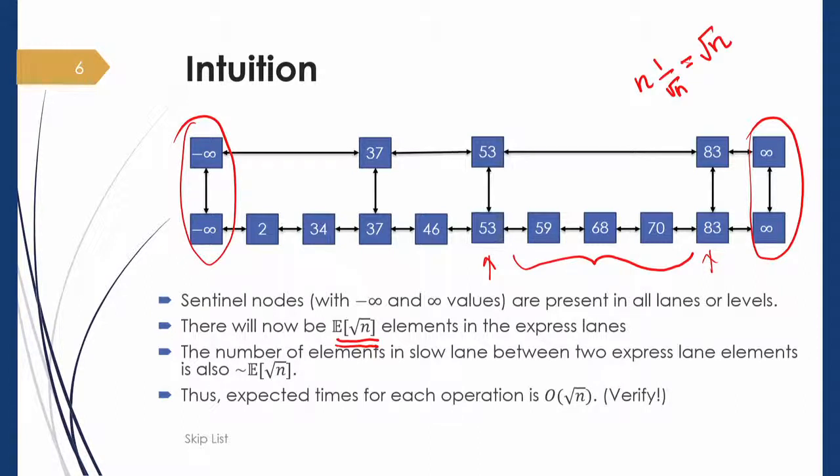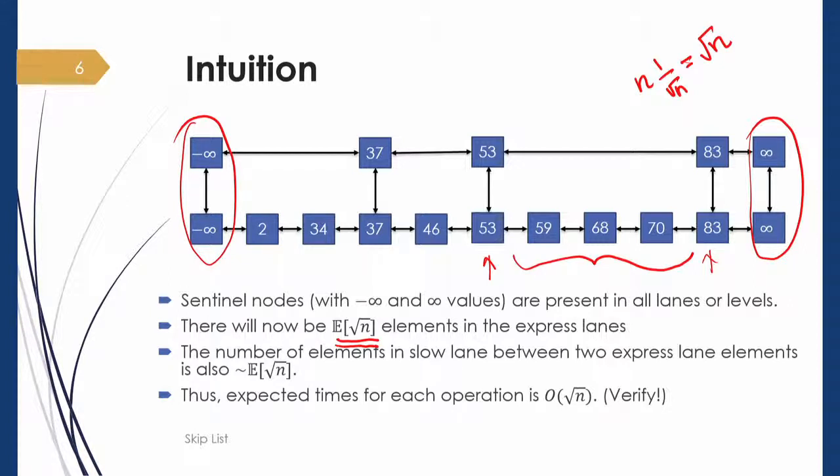Why is that? The probability with which each of these intermediate elements, say 59, 68 and 70 and so on, will be promoted to the express lane is 1 over square root of n. And so, this essentially measures the number of times we will have to toss this biased coin of 1 over square root of n before we get a heads, and that follows the geometric distribution.